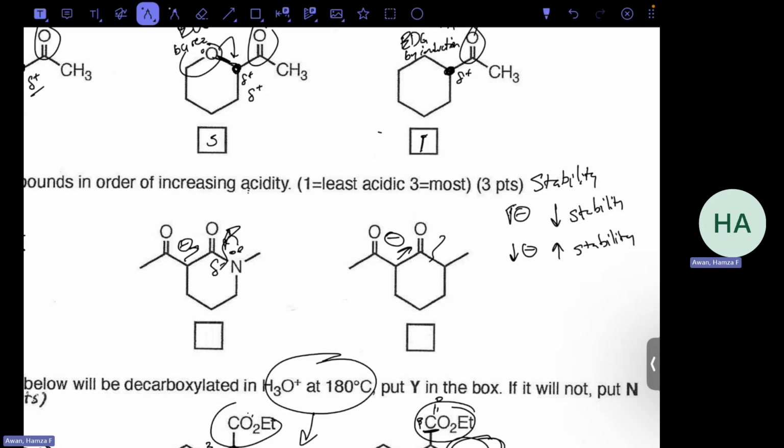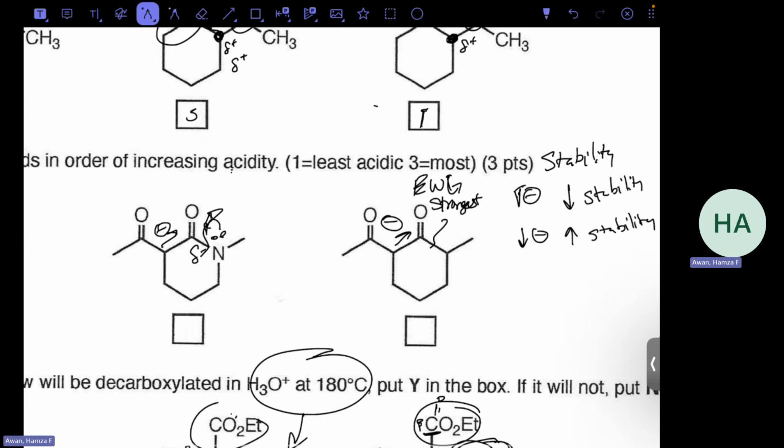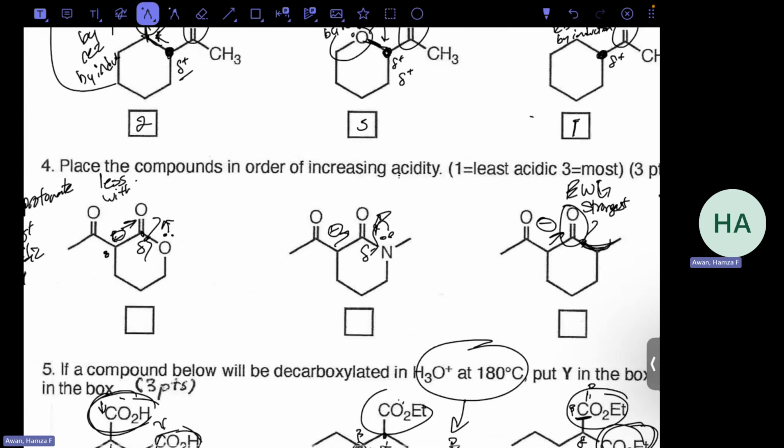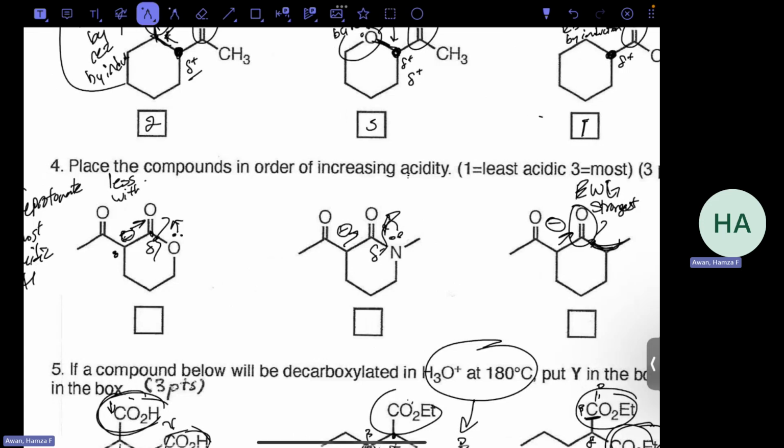So this will technically be the strongest electron withdrawing group, because it's not hindered by anything by resonance, it's just pulling straight from that carbonyl. Now, which one is going to be a stronger donating group, the oxygen or the nitrogen?